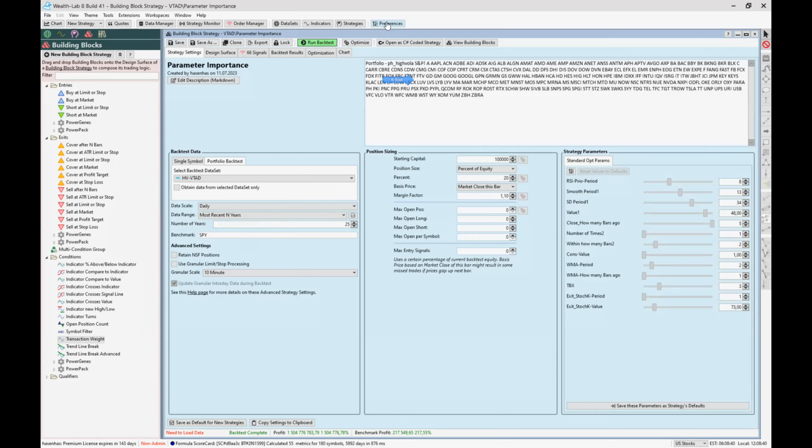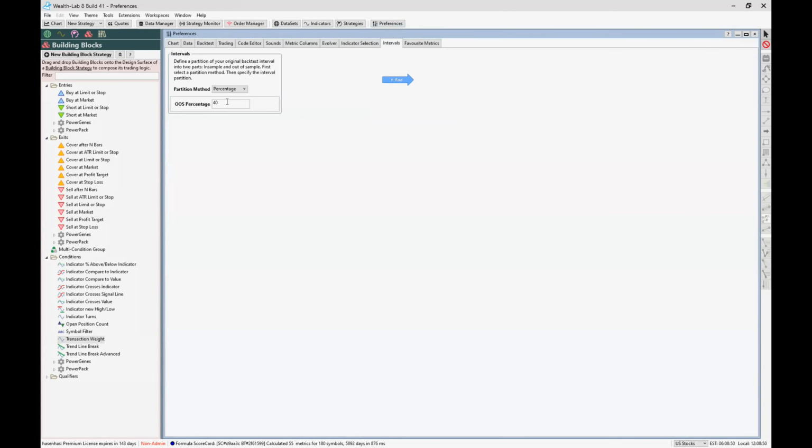And that split you can put in here. You can say, I'm doing all my optimizations over the last, let's say, 25 years, but WealthLab should calculate an in-sample and an out-of-sample percentage, like here 40% out of sample from the given time frame you choose before.